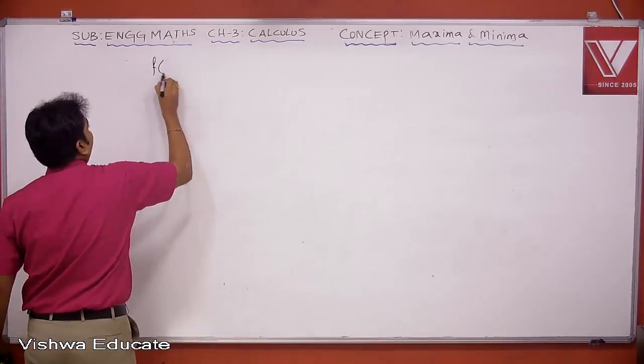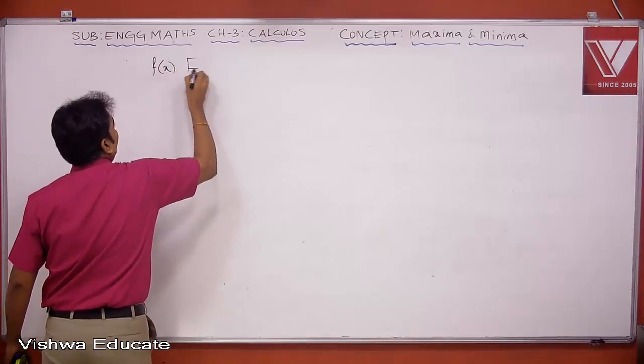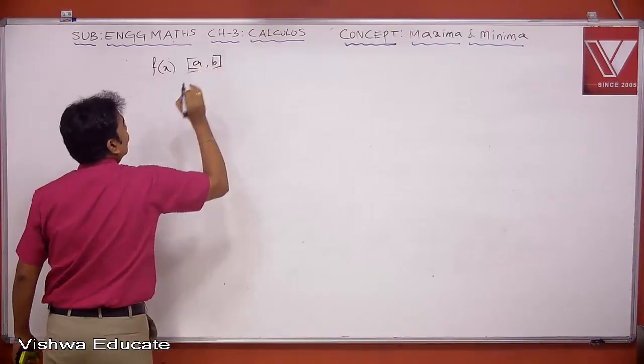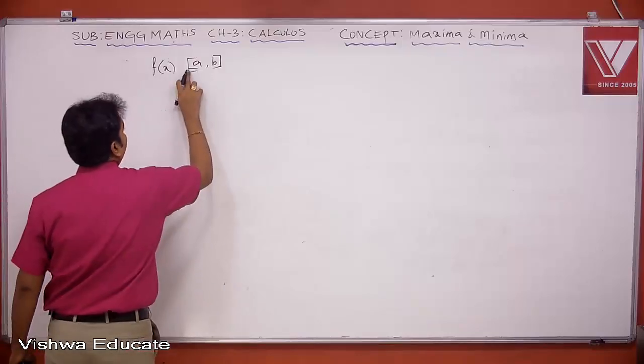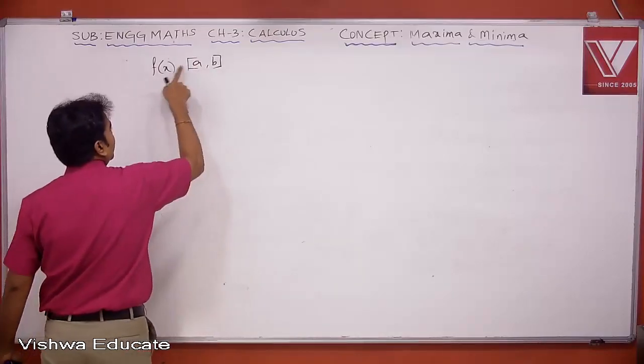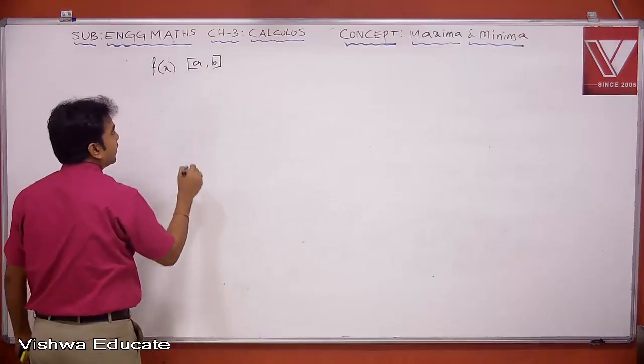Suppose we have a function f of x whose domain is the closed interval a comma b. I need to discuss the maximum and minimum values of this function over the domain a comma b.